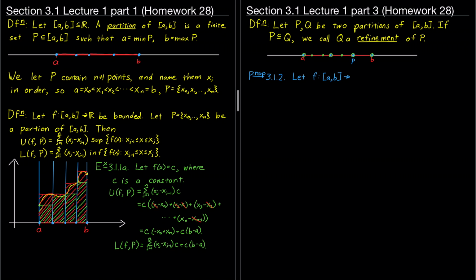It's a bounded function, so it's got a lower bound and an upper bound. Let's let the lower bound and upper bound be little m and capital M. So f is a function. Its domain is a closed bounded interval. Its range, it maps into the real numbers.